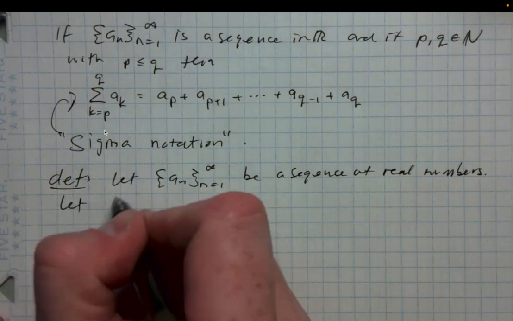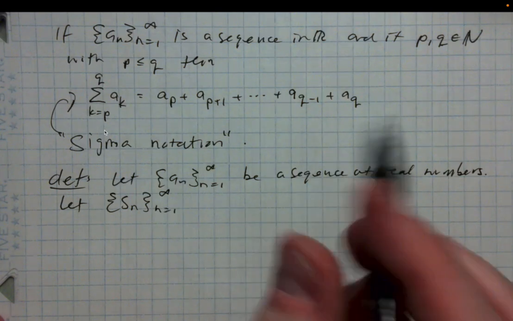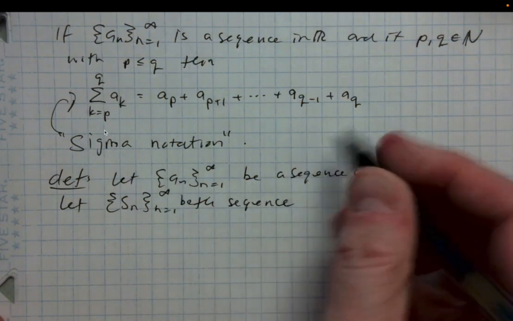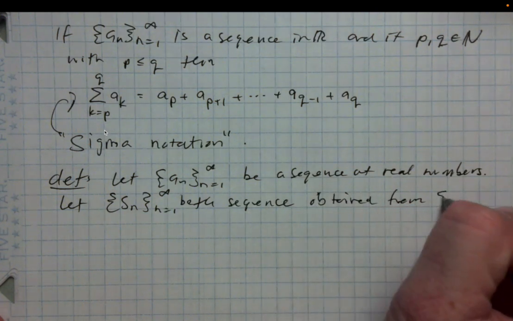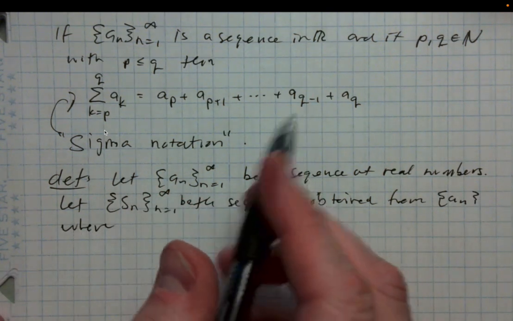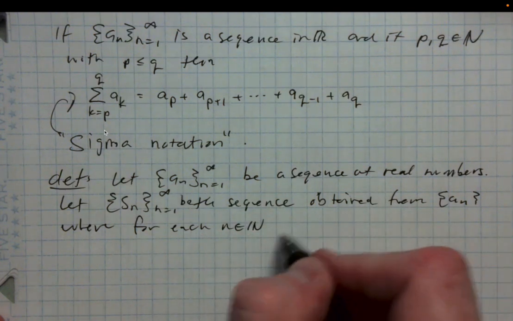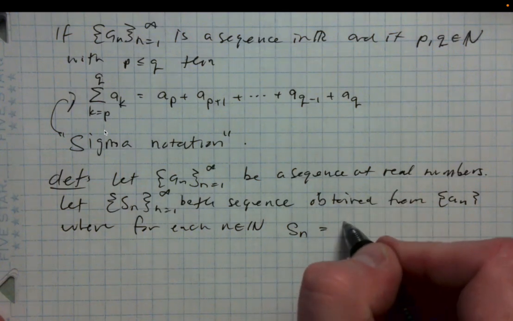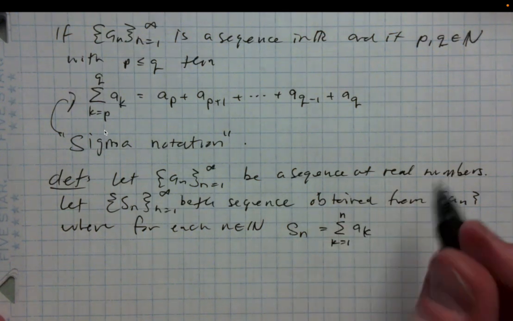And we'll let s sub n from n equals 1 up to infinity be the sequence obtained from a sub n, where for each natural number n, s sub n is defined as the sum from k equals 1 up to n of a sub k.